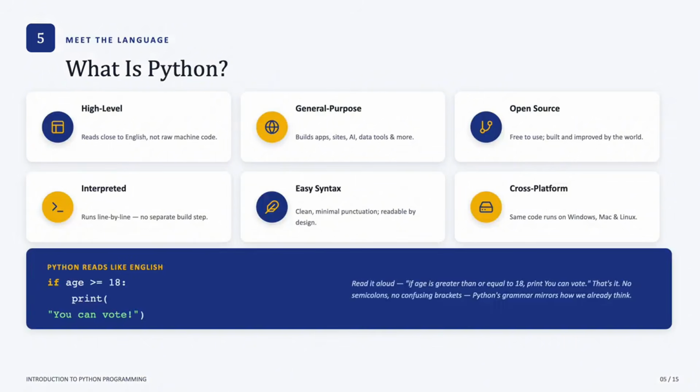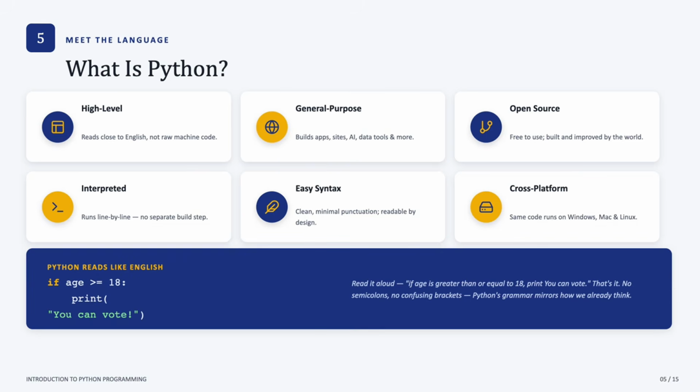Now here's an interesting question. If computers only follow instructions, why can't we simply talk to them in English? For example, why can't I open my laptop and write, "Please open YouTube," or "Calculate my marks"? The answer is simple, because computers don't understand human languages.